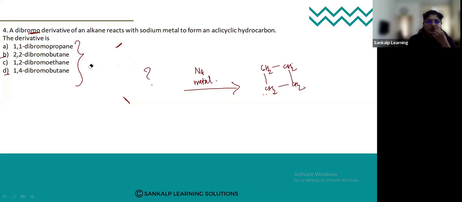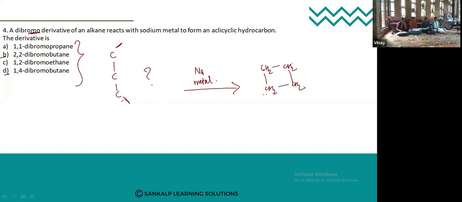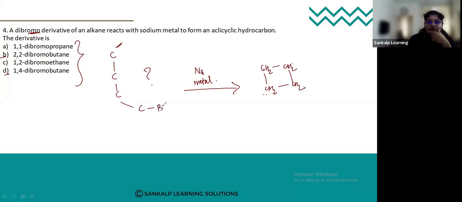But if you choose the fourth option, with bromo at the first position and at position 4, then it is possible to form a cyclic compound. So our answer is option number 4.